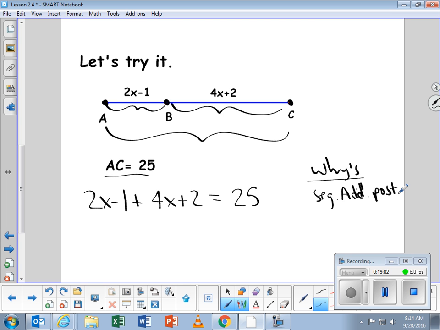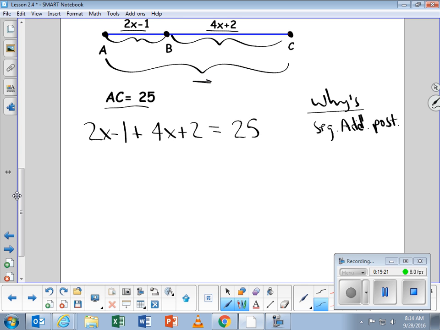Because I see in the picture that A, B, and C are in the same line and B is in between. So that means this distance plus this distance will equal this distance. Okay? Segment addition postulate.